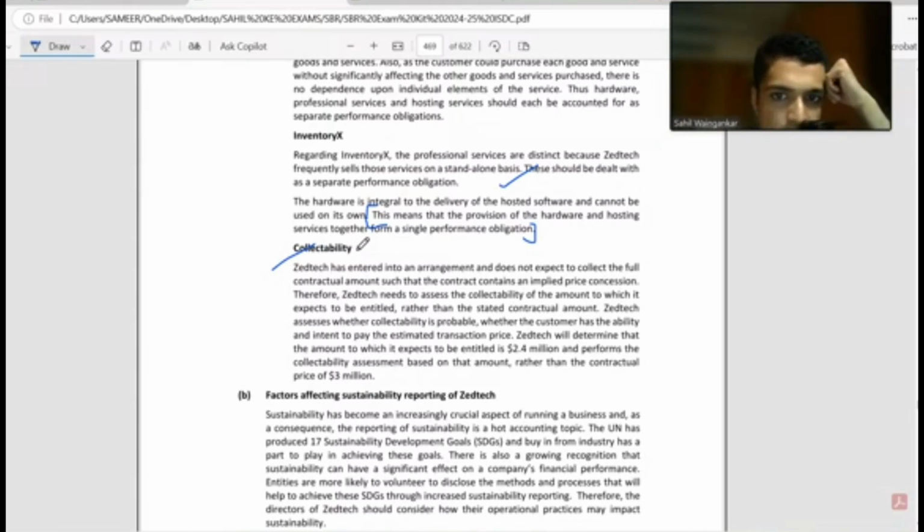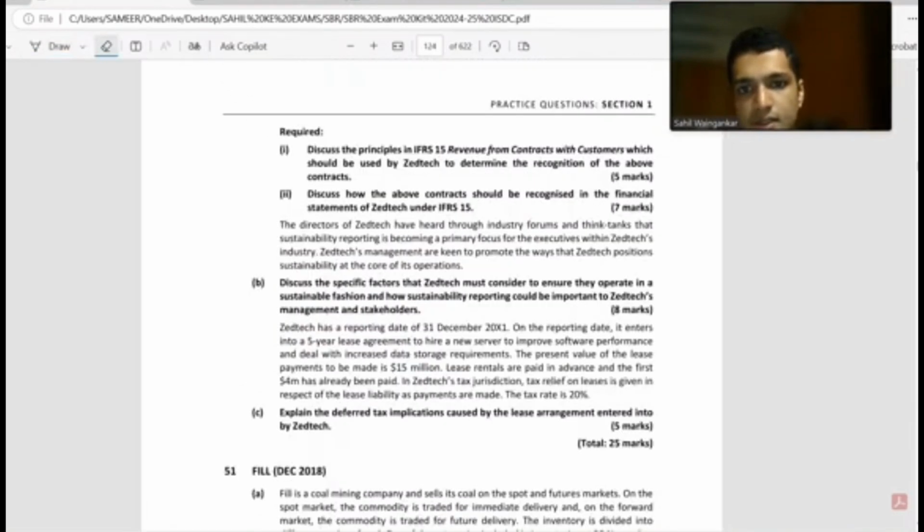Zedtech assesses whether collectability is probable, whether the customer has the ability and intent to pay the estimated transaction price. Zedtech will determine the amount to which it expects to be entitled is 2.4 million and performs the collectability assessment based on the amount rather than the contractually priced 3 million.